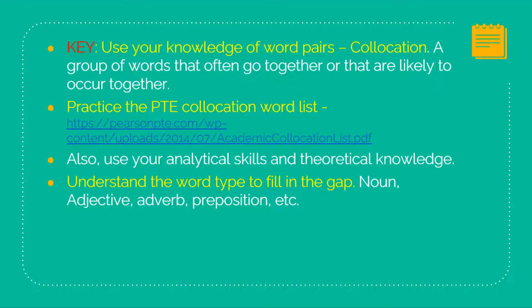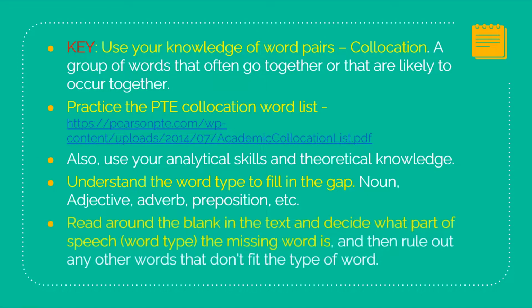Only one word will fit precisely, and therefore having good knowledge of grammar is essential to this task. Read the text around the blank to help you with finding the correct word type. So altogether, these two skills, along with a lot of practice, will get you to your desired score levels.